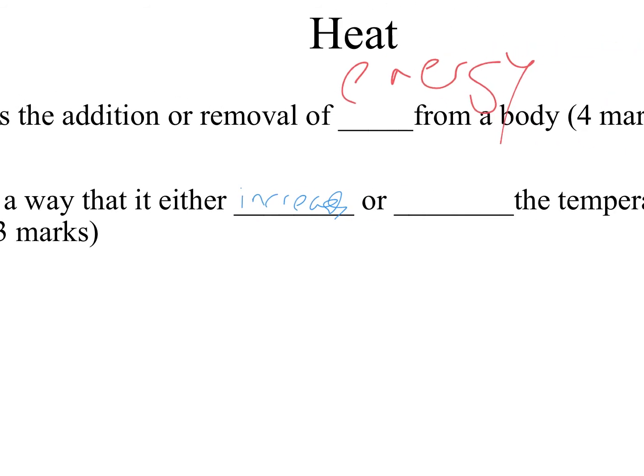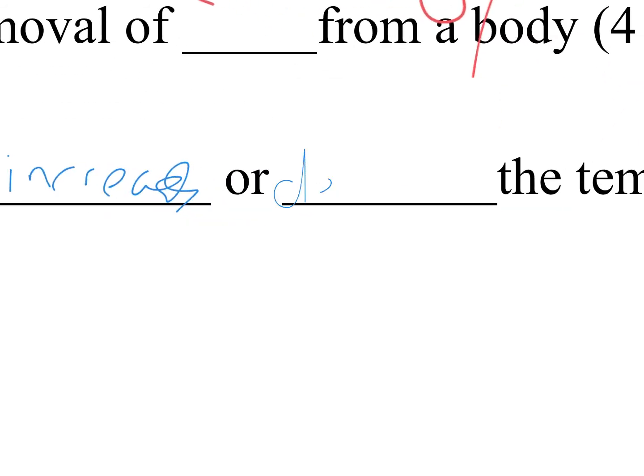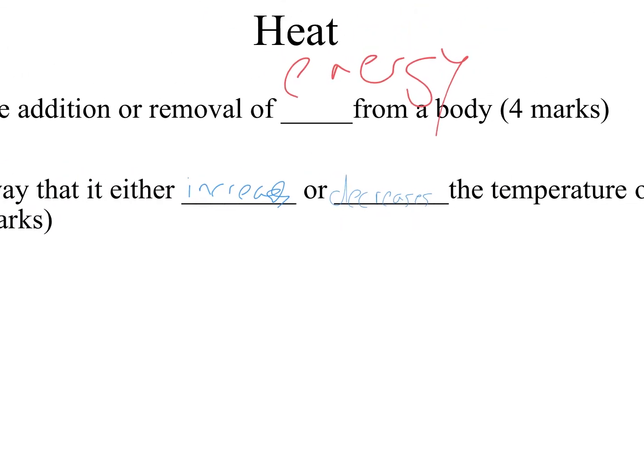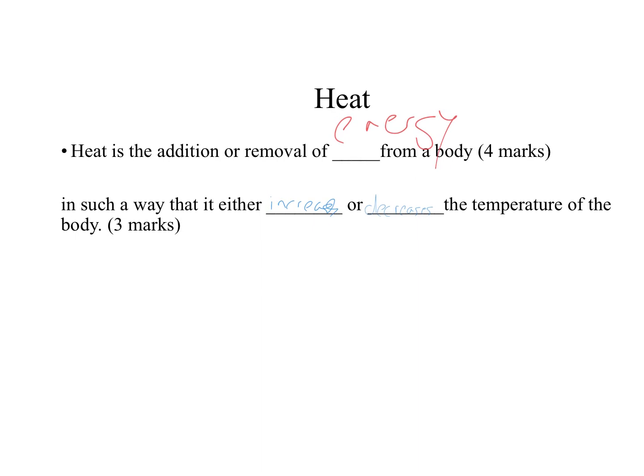I'll have to excuse my handwriting here. So it either increases or decreases the temperature of that body. What I have written over here on the side is just 4 marks and 3 marks. Very often in a definition in the Leaving Cert Physics exam, they'll give you 6 marks or 7 marks, and you can see on the side, normally they come in bundles of about 3.